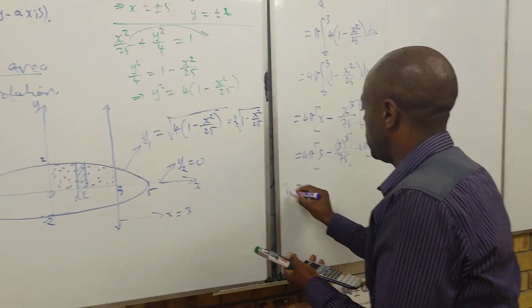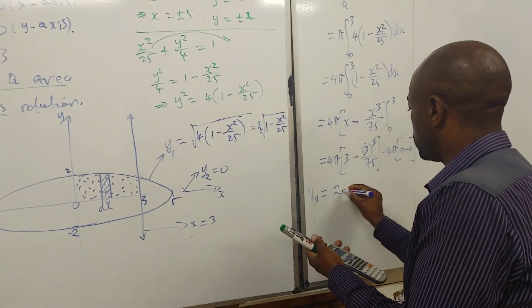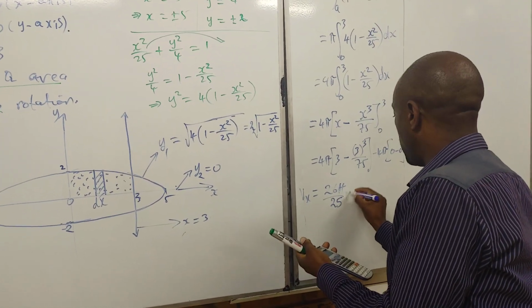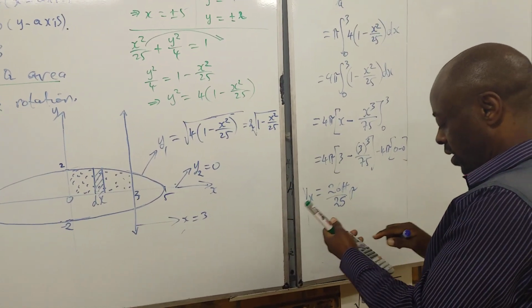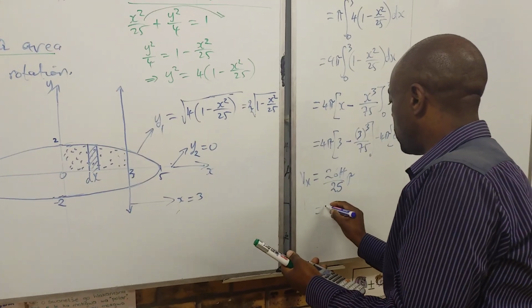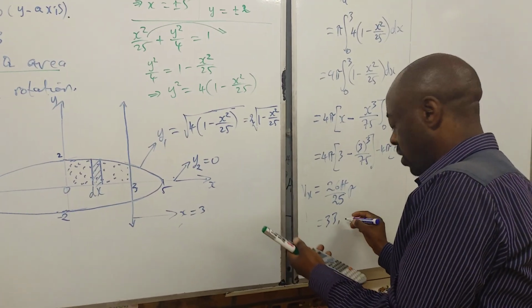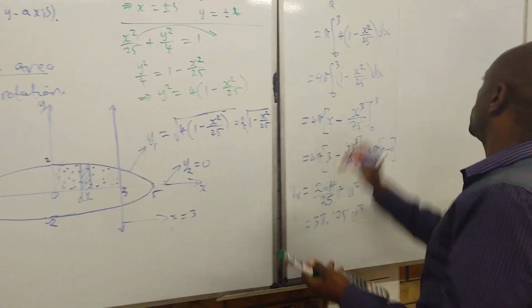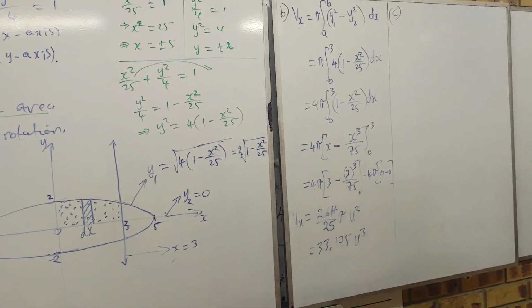So my volume here is 264 over 25 pi. But if you choose to multiply that by pi and get your answer in decimals, it's still fine. That will give you 33,175 unit cube. So that's our volume.